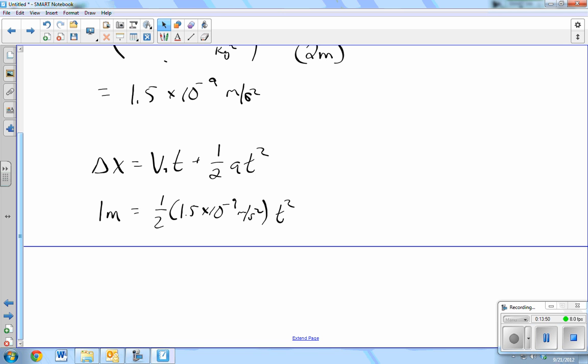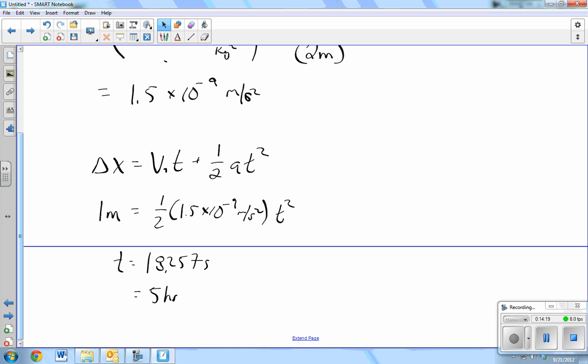T squared, real quick, is 1 times 0.5 divided by 1.5 e negative 9. Square root of that value. Time is 1.8257 seconds. Divided by 60 to minutes, divided by 60 to hours. Only 5 hours.